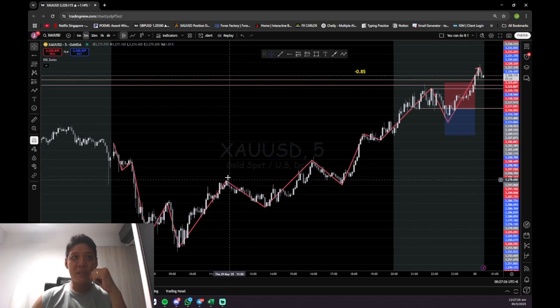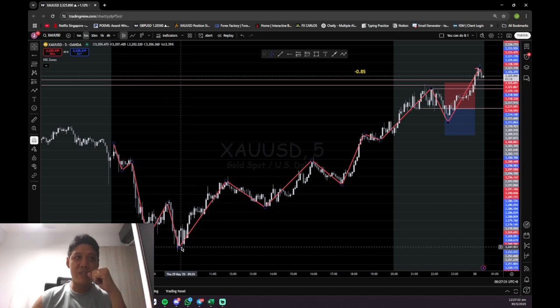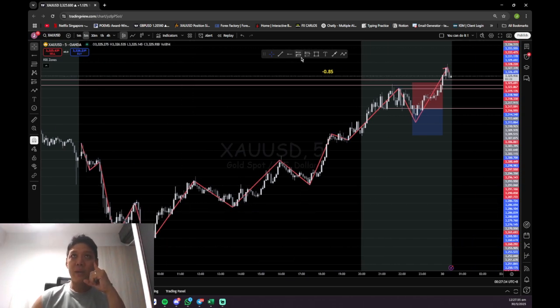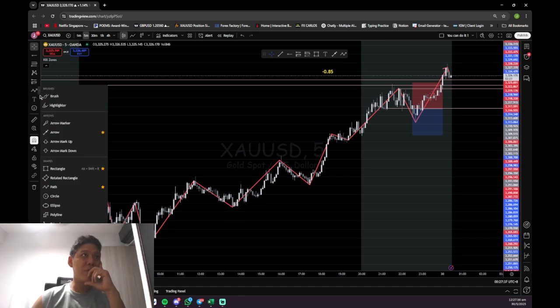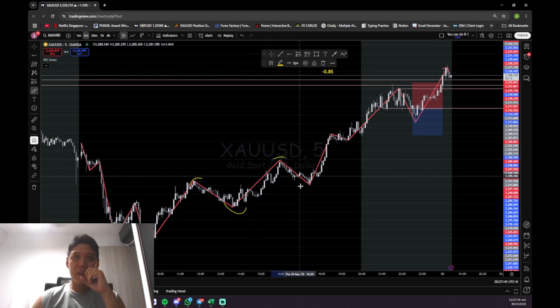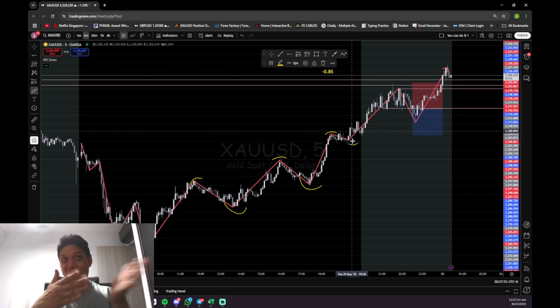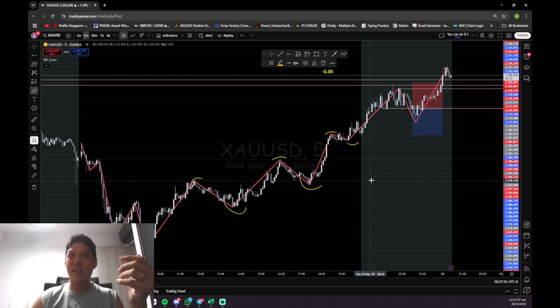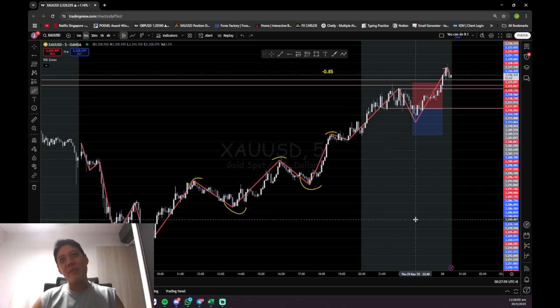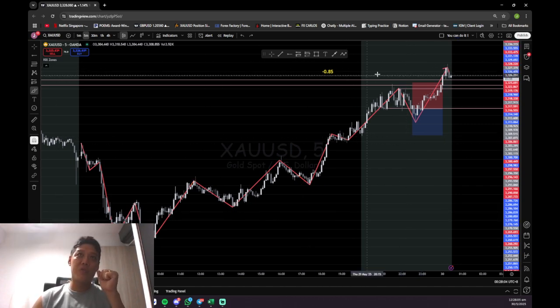Based on here, this is the high, this is the low, and it went on to make a higher high, lower low, higher high, higher low, higher high, higher low. And so what is going to happen next? I'm just guessing, but based on this, it looks like an uptrend, right? So since it is an uptrend, what I should be doing is looking for sell trades.